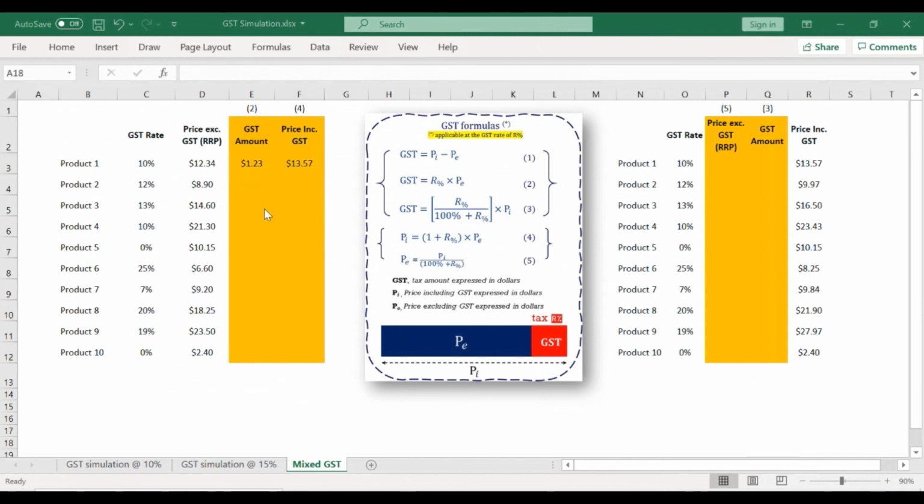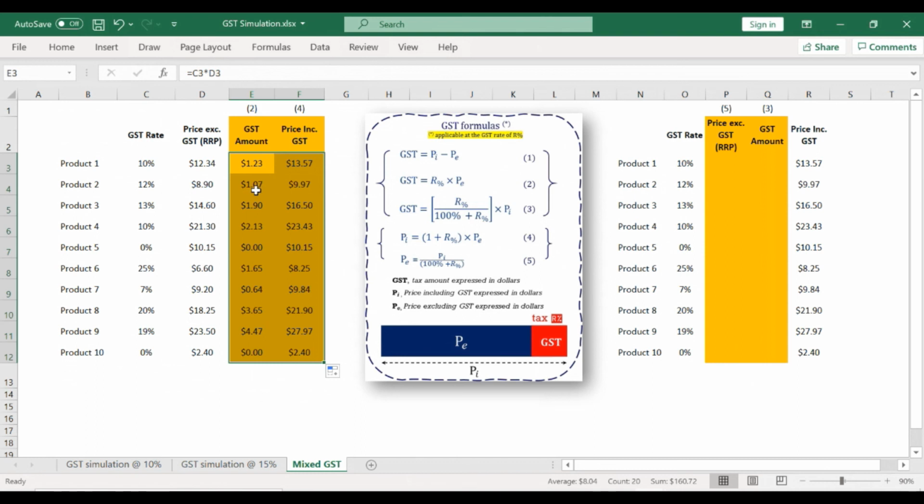Now, moving on to product number 2, I don't have to go and do the same thing all over again. I can simply highlight those two and copy down all the way down. Microsoft Excel takes the same attributes and does the calculation for us. If I click in cell E4, which is the GST amount for product 2, and click up here, it just reflects formula number 2.